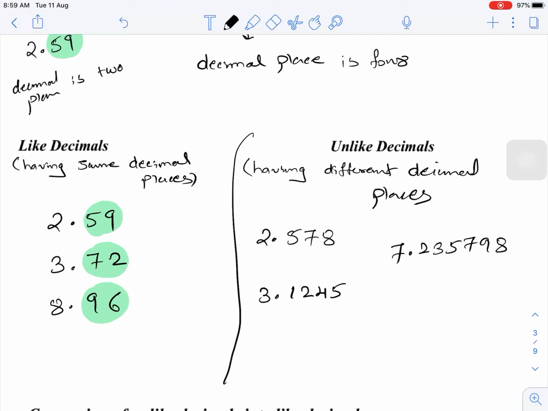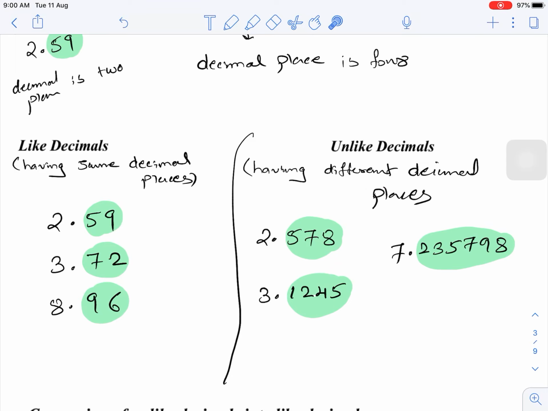If you look at all these numbers, the decimal place of this number is 3. For this number the decimal place is 4. For this number the decimal place is 6. Since these all numbers have different decimal places, we say that they all are unlike decimals. So the likeness or the unlikeness of decimals depends on the decimal places.